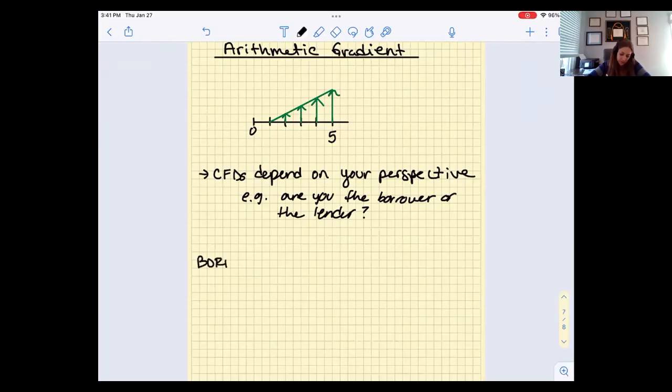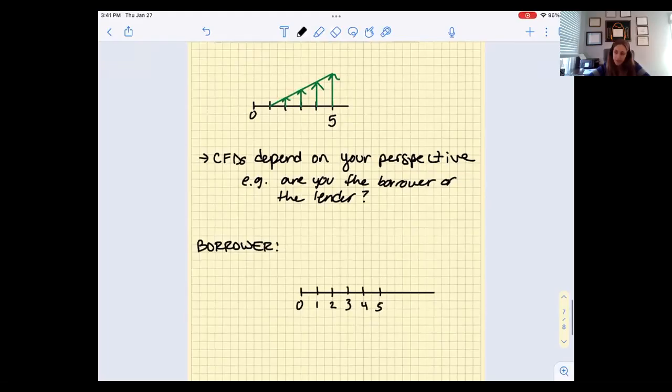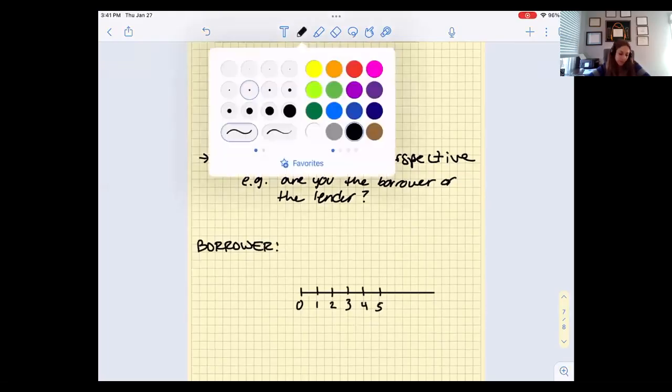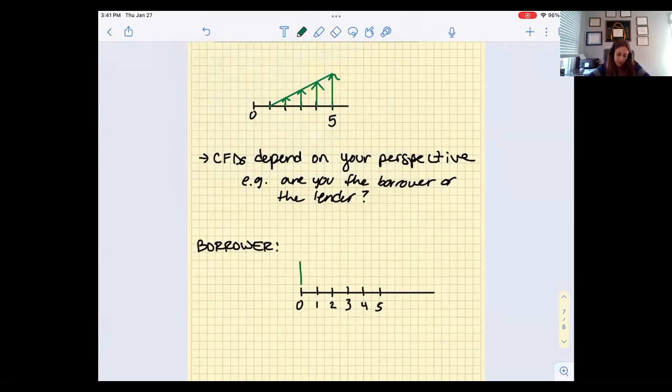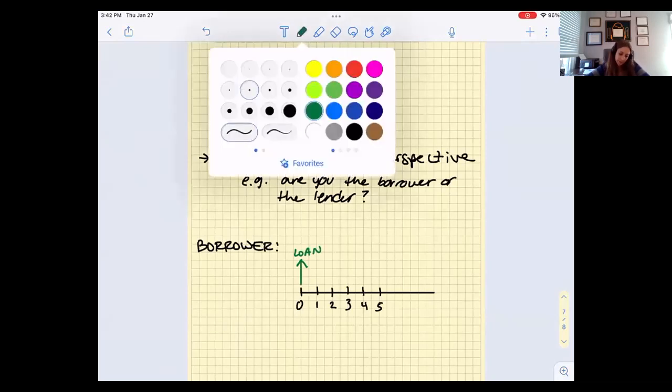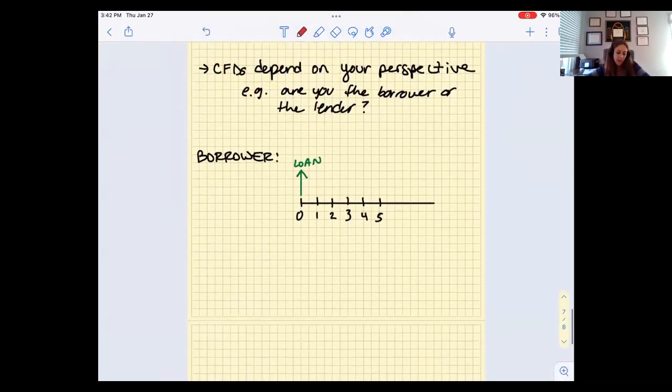So if you're the borrower, maybe you take a loan out. Let's say it's your school loan. You're going to get an influx of money at the beginning of your loan value. But then maybe it's deferred, but after the deferment, you have to start paying on it, right?